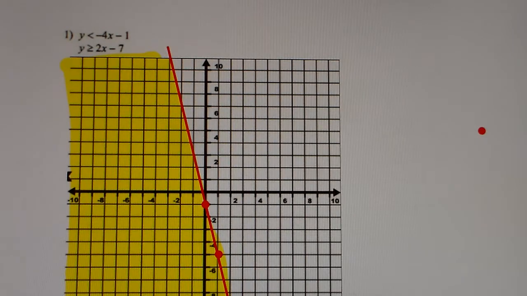Now we're going to do the same exact procedure, except now on the second line. So, copy. Our y-intercept is negative 7, so we plot a point at negative 7. Then we have a rise of 2, a run of 1. Rise of 2, run of 1. We make our second line.